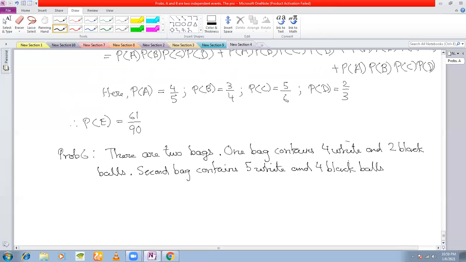Two balls are transferred from the first bag to the second bag. Very, very important problem. You have to understand this.